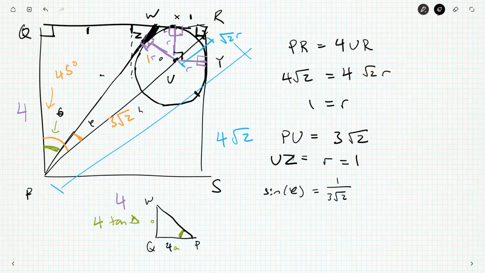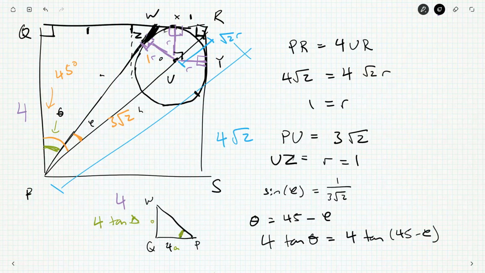But theta is 45 minus phi. And we want 4 times tan theta. So that'll be 4 times tan of 45 minus phi.